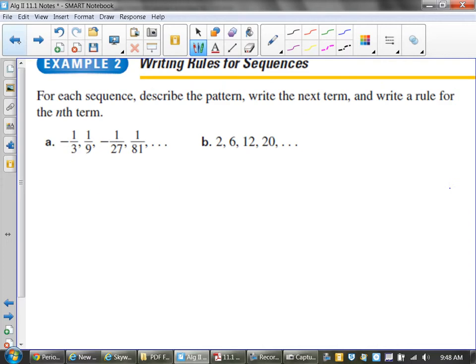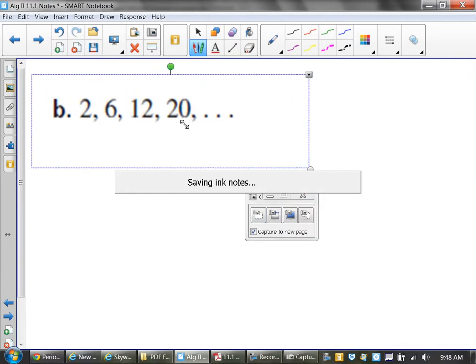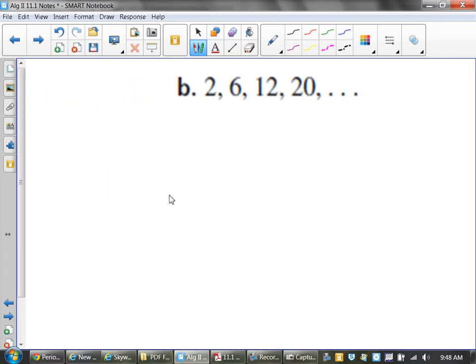Same idea here. 2, 6, 12, 20. Think of it in terms of first term, second term, third term. I want to get it into some generic rule. How am I going 2, 6, 12, 20?